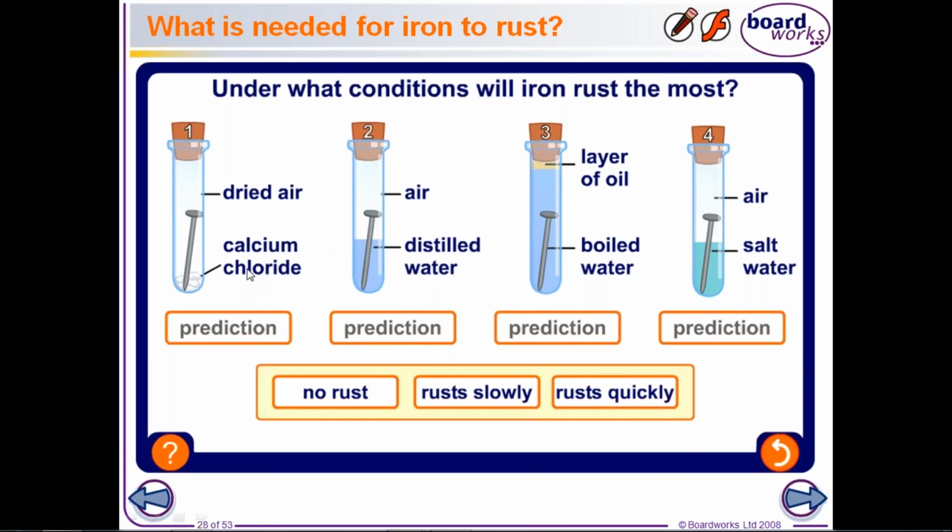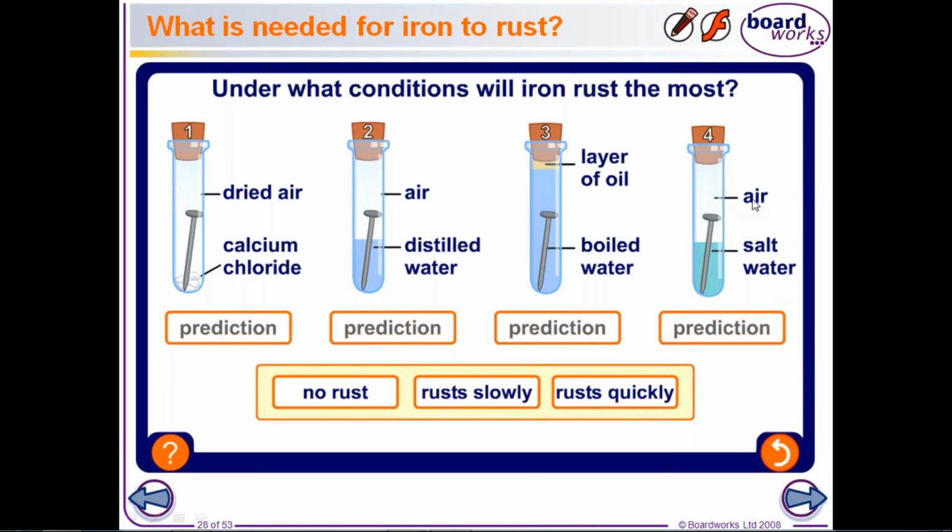In our first tube we have dried air and calcium chloride. Calcium chloride is acting like a drying agent. In the second one we have distilled water and air. In the third one we have boiled water and a layer of oil. And in the last one we have salty water and air.